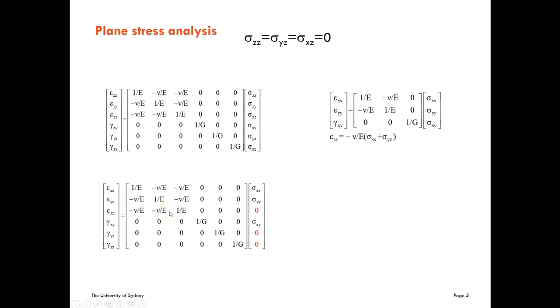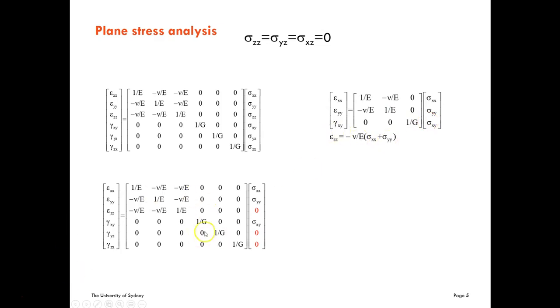And the third row, what am I going to get for the third row? I'm going to get epsilon z equal to these two multiplied by these two. So the third row gives me these equations. And then I have this row that also gives me a non-zero value here. So this multiplied by this that I'm writing here.